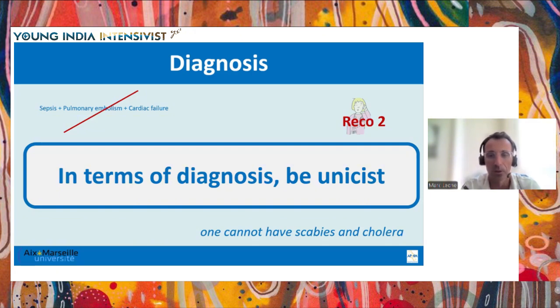You cannot have sepsis and pulmonary embolism, and the sepsis source can be the lung, but also the abdomen and also the renal tract. No, try to be unicist all the time.